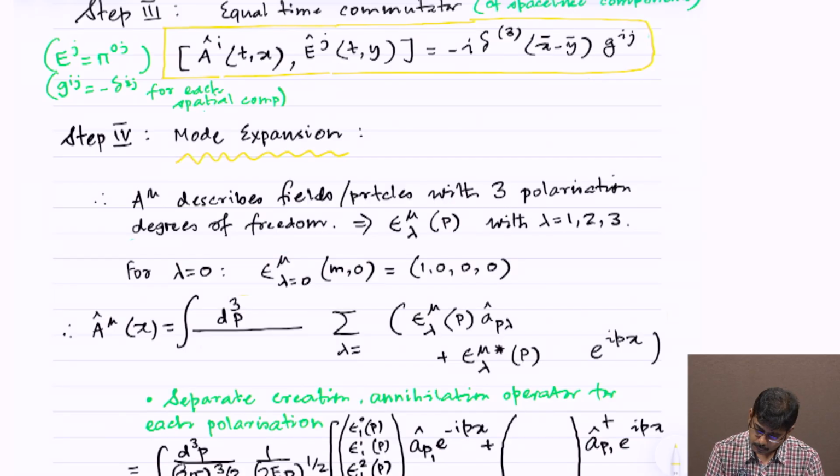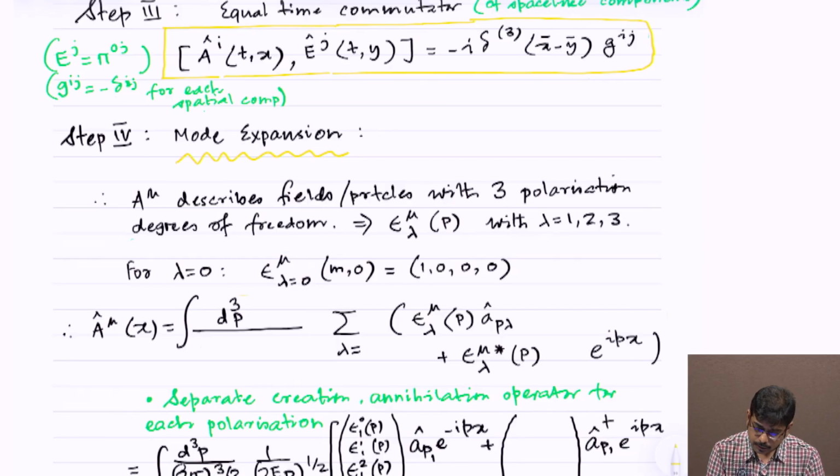The spinorial nature was encapsulated by the u s and v s particle and antiparticle spinors. Similarly, for the electromagnetic field, the component carrying the essence that these are vector fields is the polarization.